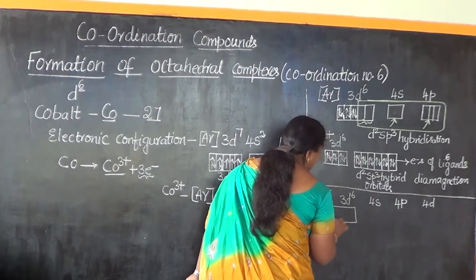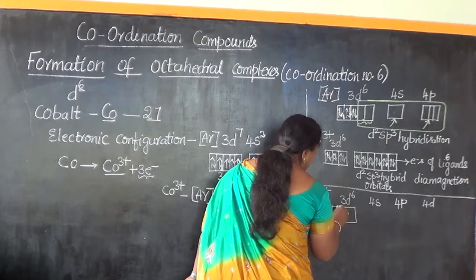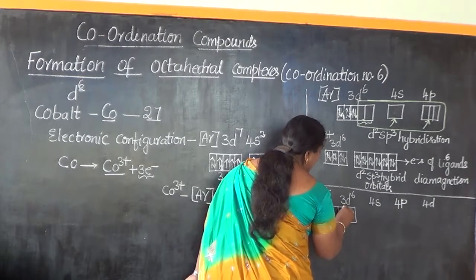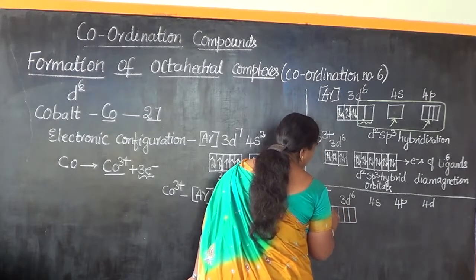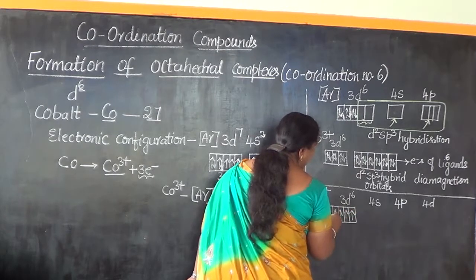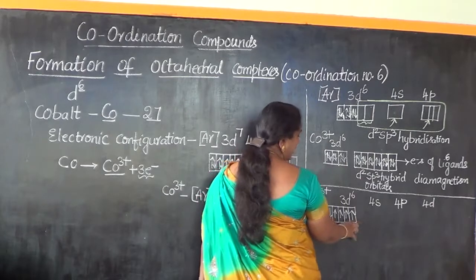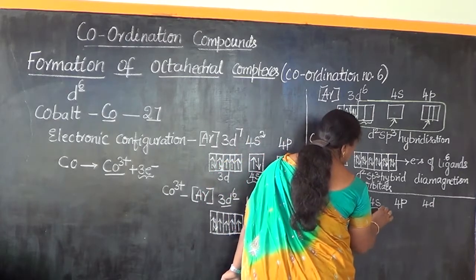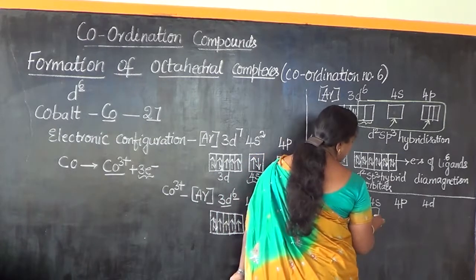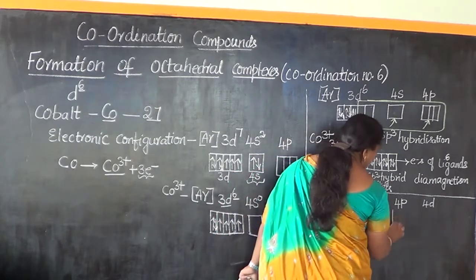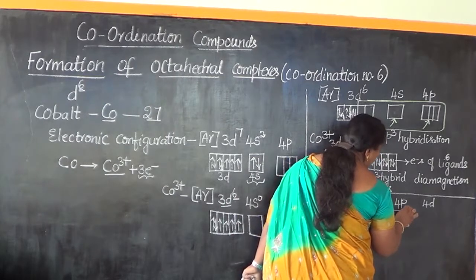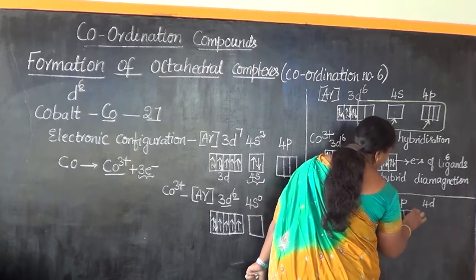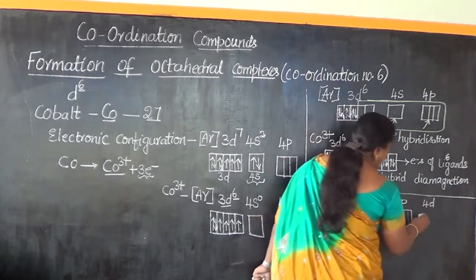Let me fill the electrons of the 3d orbitals of the third energy level, which get filled up in 5 orbitals. So 1, 2, 3, 4, 5 and 6. They remain as they are. Now what will happen? 4s electrons are absent, only the orbital is present, because in order to form the ion, the electrons are lost from the 4s orbital. 4p orbitals were empty right from the beginning.